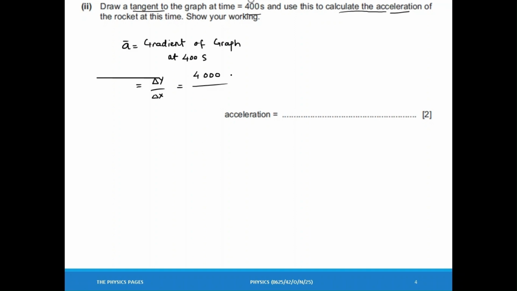I can just simply say meter per second, and time is 400 minus 200 seconds. So it will be 4,000 meter per second over 200 second. So that gives me 20 meter per square second.